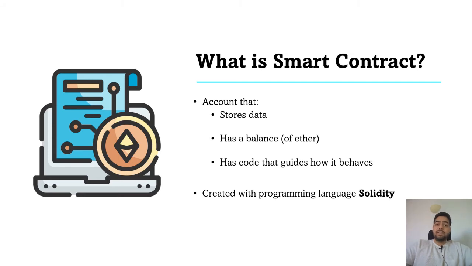In easy words, you can write smart contracts that are just pieces of code that can be deployed on this Ethereum blockchain, and then you can interact with these codes or smart contracts through a web application that will be decentralized. That is, it won't be controlled by anyone.